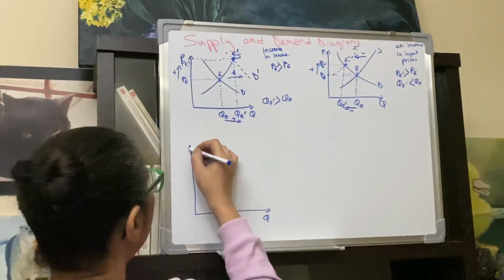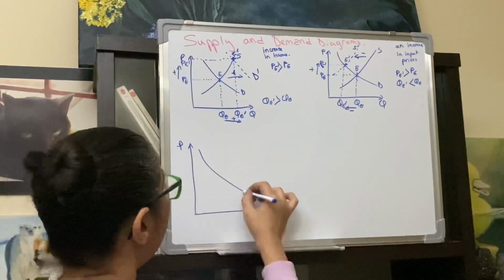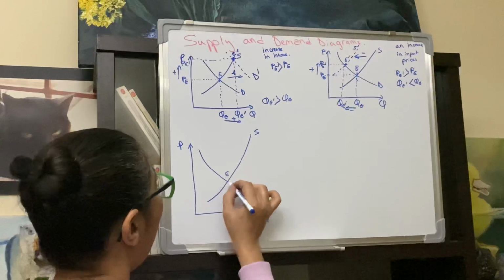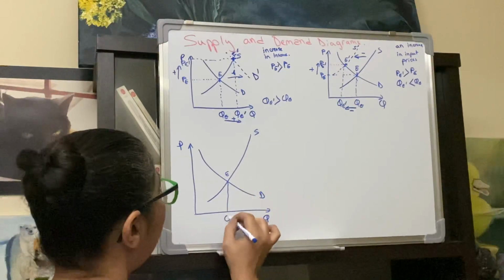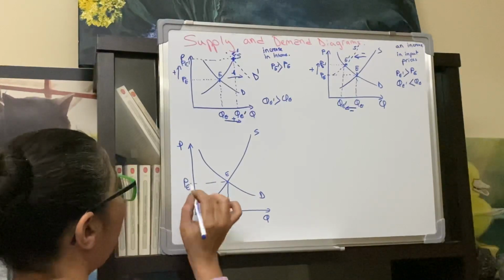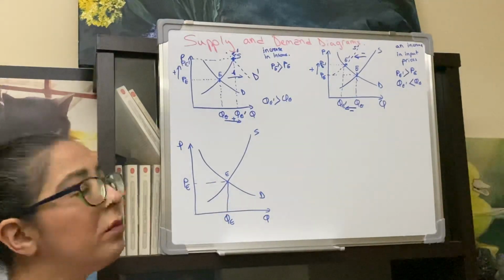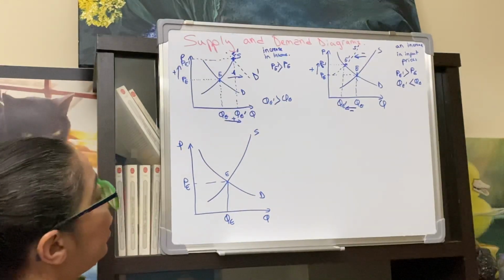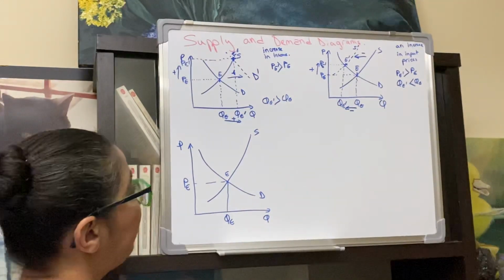This is Q, this is P, demand, supply. Always put your equilibrium, quantity at equilibrium, and price at equilibrium. Okay. The government decreased the taxes.